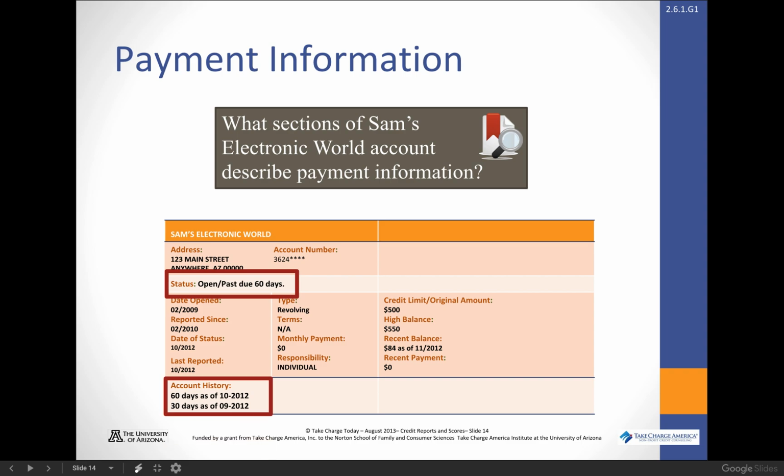And then it also tells us our payment information. So we can see that this is past due. If they had made their payment on time, this would no longer be there, and I would have a recent payment in this section.